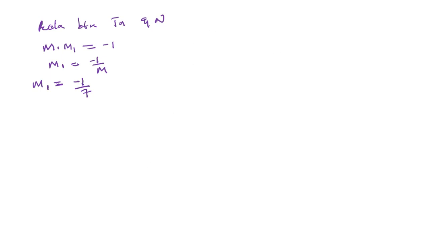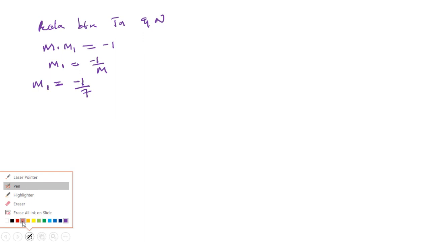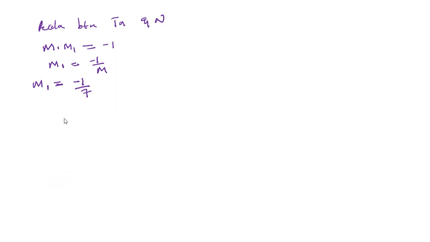So to find the equation of the normal, we shall say y minus y1 is simply equal to -1 over m1, open bracket x minus x1.